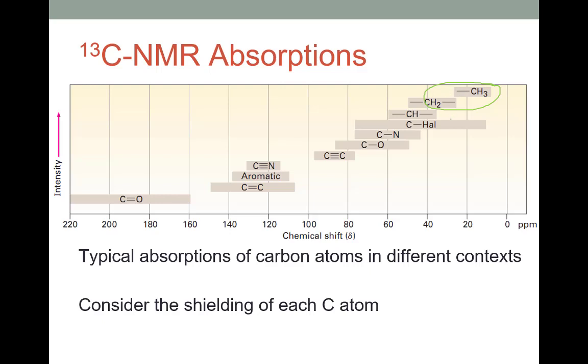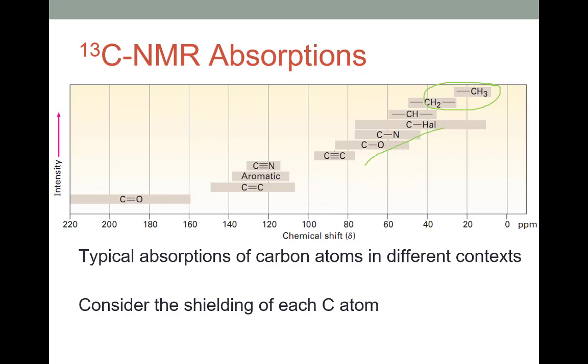When we start introducing electronegative atoms, so our halogens, our nitrogens, our oxygens, we're going to see those showing up at higher and higher levels. Again, the more bonds we have to those kinds of atoms, the higher we're going to get.